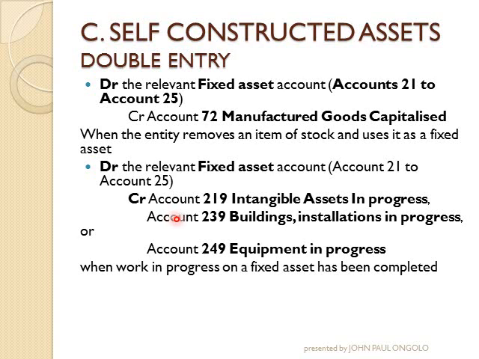But if it's a case of a fixed asset which was built and which was in progress, the work in progress will have been recorded either in account 219, 239, or 249, which deals with, as you see the names or the labelings, in progress.